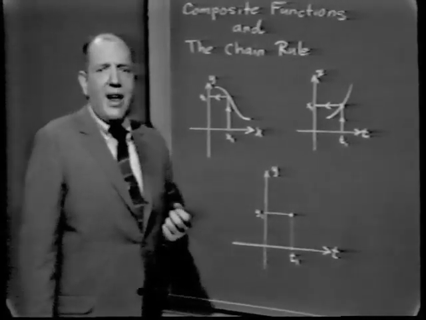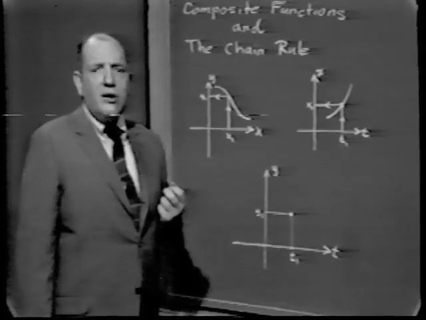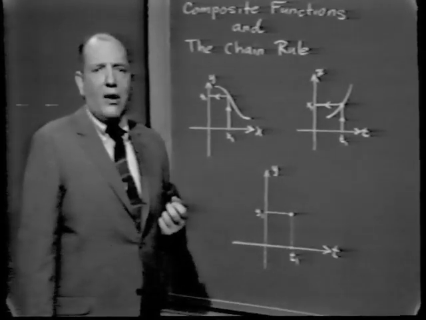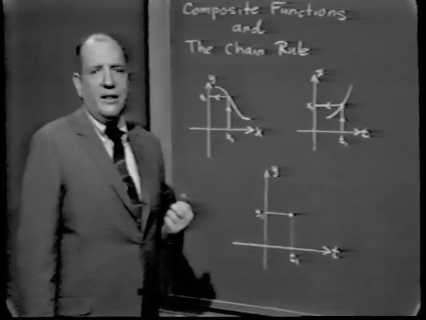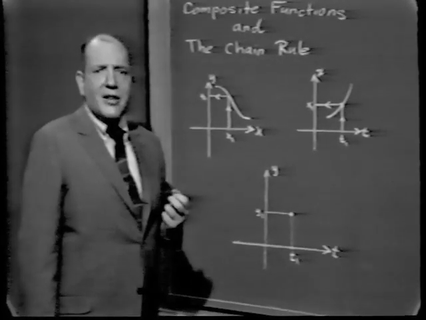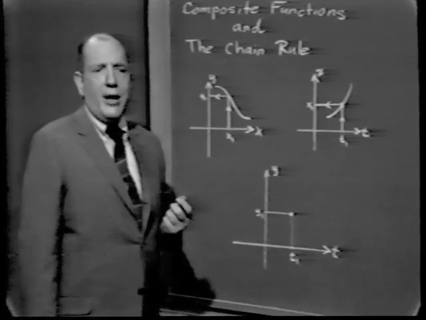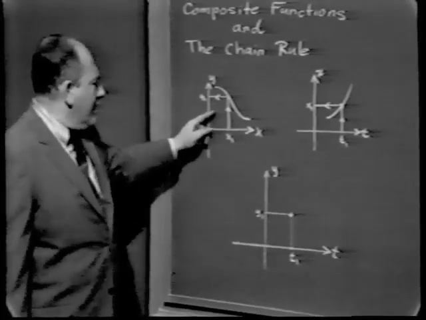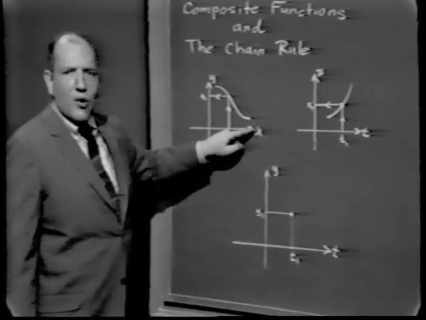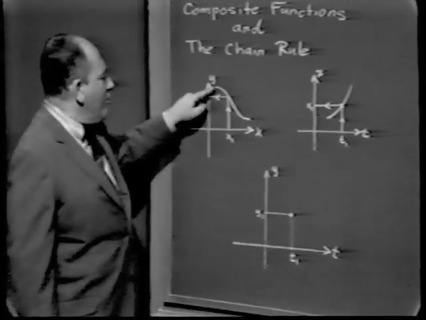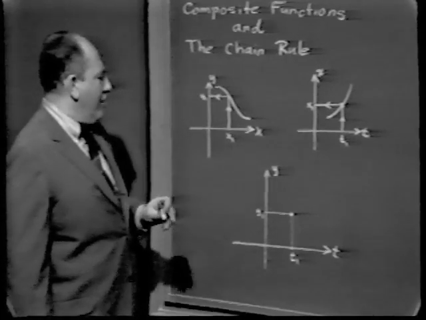And you see, at this stage of the game, there is absolutely no need to have any knowledge of calculus to understand what it is that we're discussing. Okay. The place that calculus comes in is in the following way. Let's suppose it happened in this first diagram that the graph of y versus x was smooth. In other words, let's assume that y is a differentiable function of x.